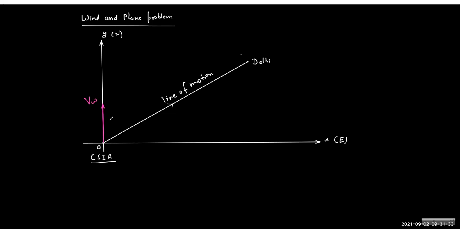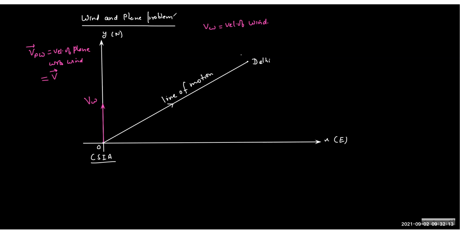So I'm calling the wind velocity VW. Now we call something the velocity of plane with respect to wind. The velocity of plane is always defined in the frame of wind, and we call it V. Now the direction of V defines the line of heading.